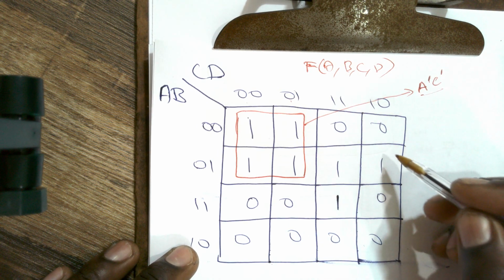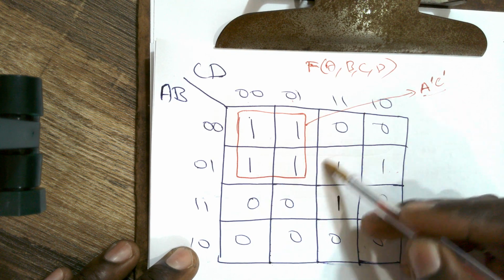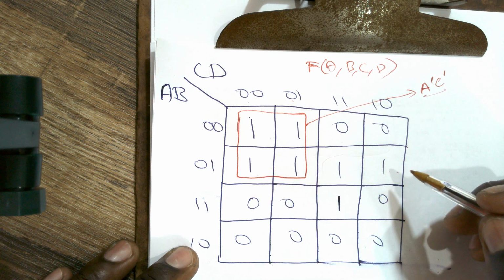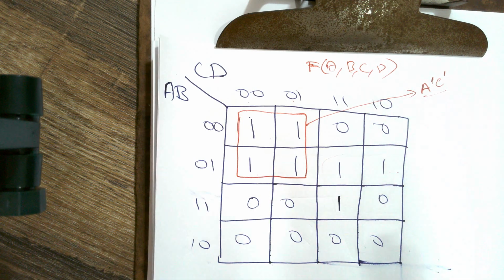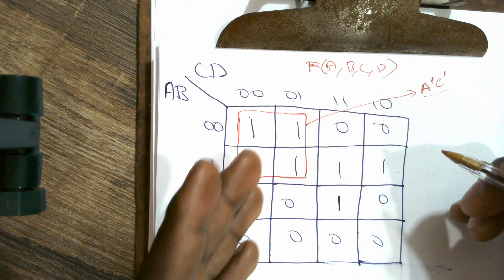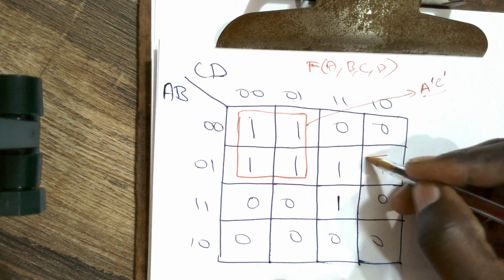Let's find another circle. We are seeing 4 ones here. We've seen 2 uncircled ones, but we could actually use 2 circled ones along with them to get a smaller expression, right? So from a 3 variable expression to a 2 variable expression by just including those other ones here. So we're going to circle that.